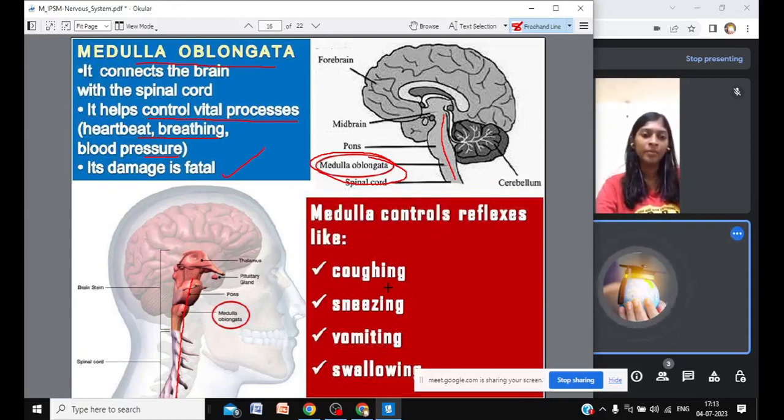Damage to the medulla will cause immediate death because it controls vital functions like heartbeat, breathing, and blood pressure. The medulla also controls certain reflexes like coughing, sneezing, vomiting, swallowing. All these reflex actions are also controlled by the medulla, in addition to heartbeat, breathing, and blood pressure.